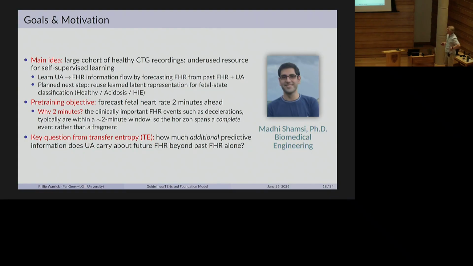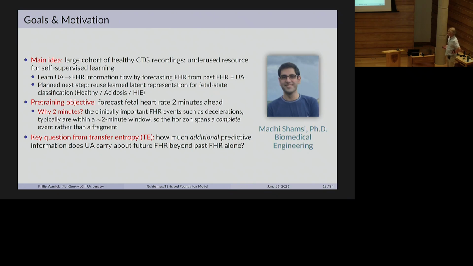So the main idea is, as I said, to predict 2 minutes ahead. Why 2 minutes? It's because most decelerations can last, the mean or the mode is about 1 minute, and 2 minutes is well into the tail, so it seemed like a decent horizon.